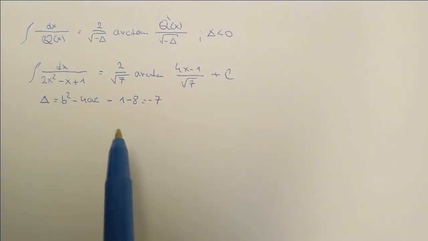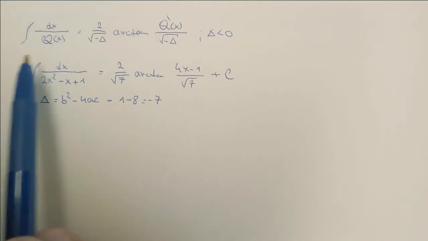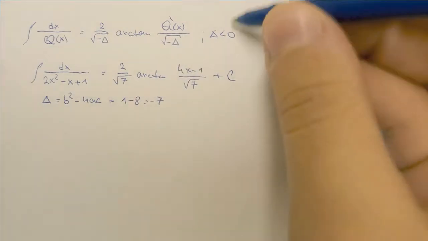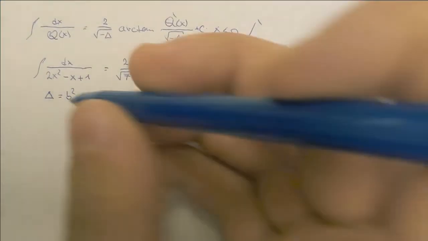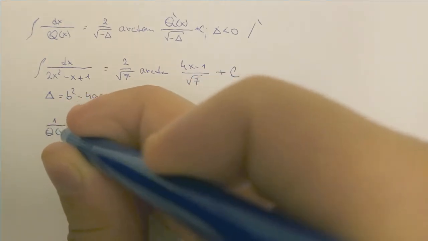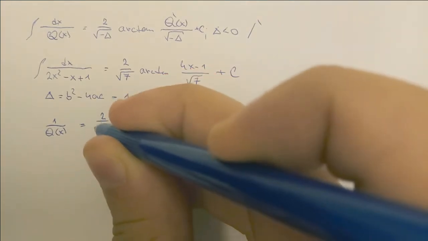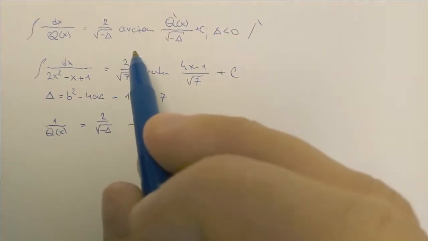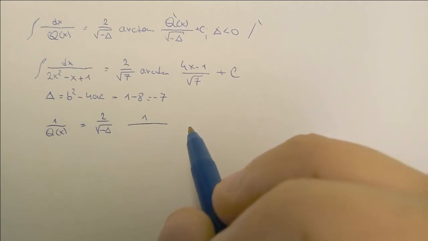So now let us prove this formula, because the proof is very simple. You just take the derivative of this integral formula. Oh, there should also be a c, but never mind. You take the derivative, and from the definition of the integral, you have on this side 1 over q(x) equal to 2 divided by square root of minus delta, times the derivative of arcus tangent, which is 1 over 1 plus the argument squared, times the derivative of the argument.